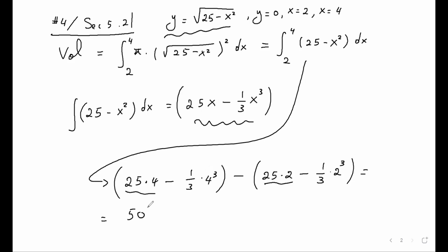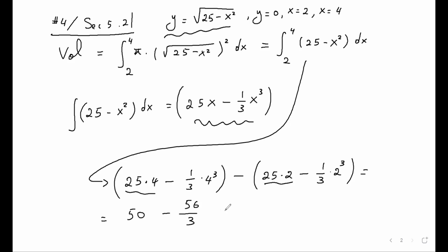So that's going to be 50 minus 4 cubed, which is 64 over 3. And then it's going to be plus, over here, minus is plus, plus 8 over 3. So negative 64 plus 8 is negative 56. So negative 56 over 3.